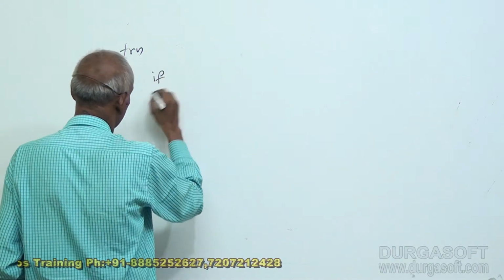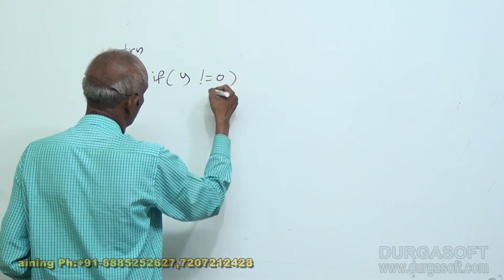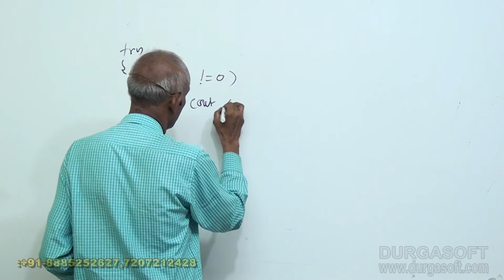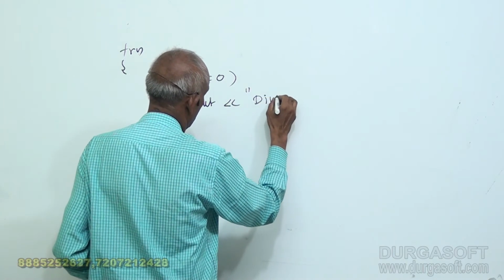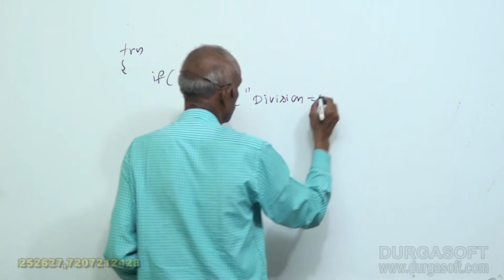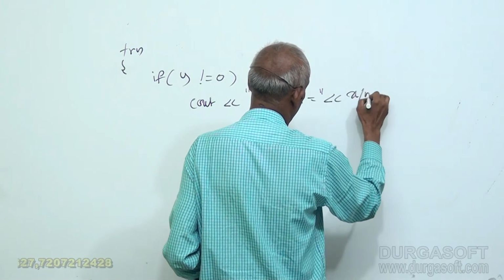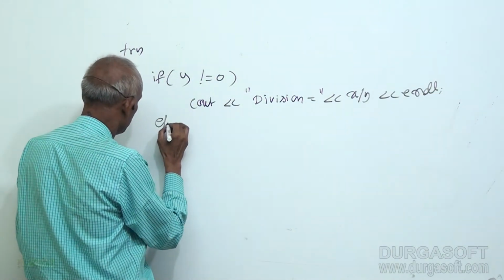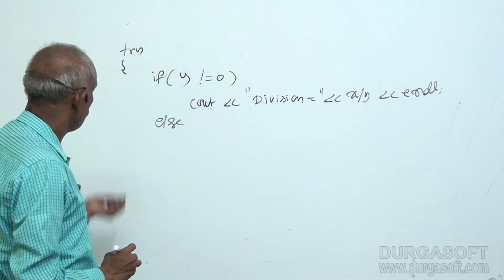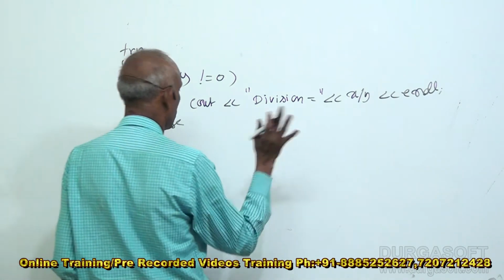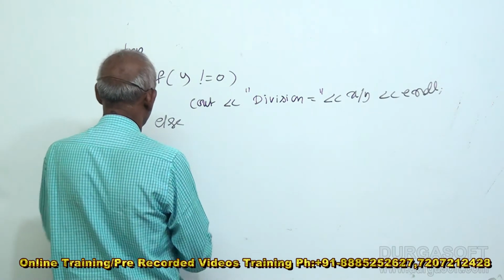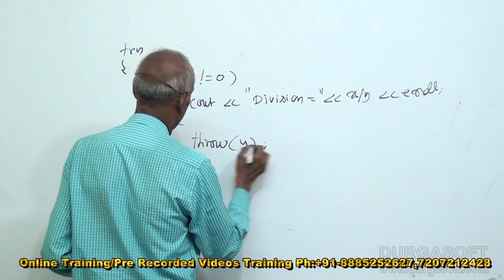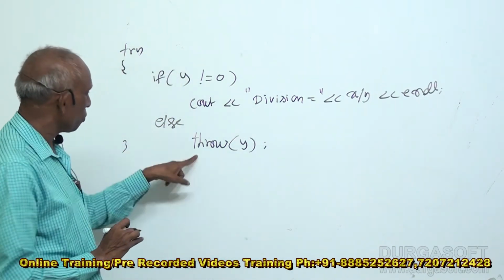If y is not equal to 0, then no problem, go ahead with the calculation and display: division is equal to x by y, end line. Else, that is if y is equal to 0, then division cannot happen. What we will do is simply say throw y.